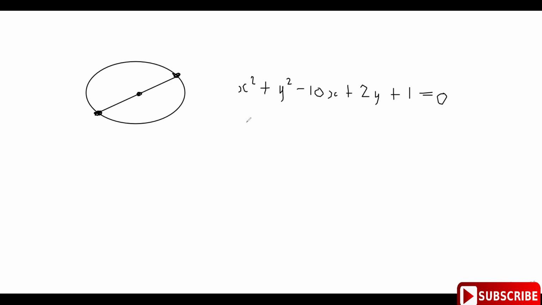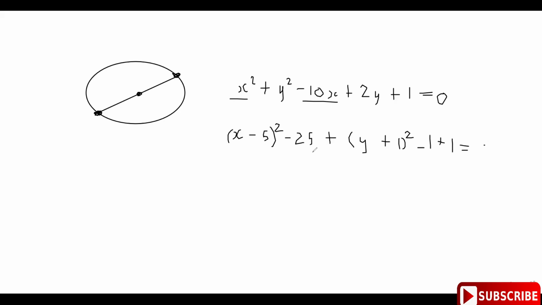Finding the center, we're going to complete the square of the x terms. So grouping this and this, we complete the square. That will give us x minus 5 squared, and then we subtract 5 squared, which is subtracting 25, plus we have y squared plus 2y. So we're going to write it as y plus 1 squared, and we subtract back 1 squared. And then you have a plus 1, and that is equal to 0.